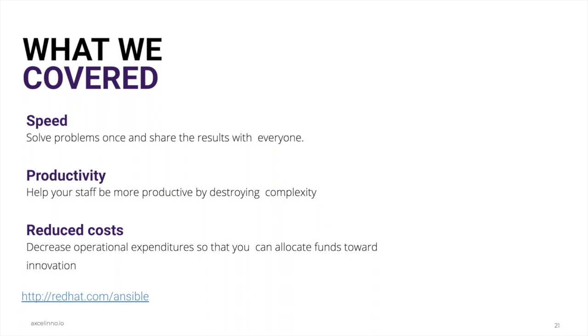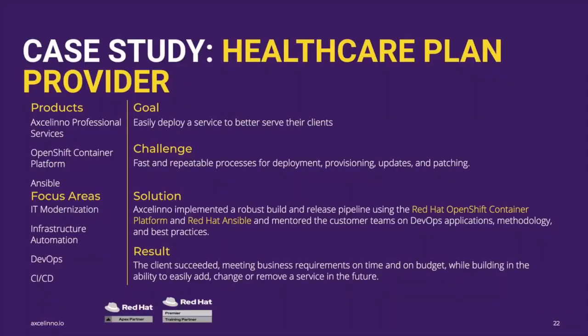You could actually potentially reduce the number it takes to operate everything, keep the same people, but now have everybody really focused on that innovation, right? So a lot of things that we've covered here that Ansible really provides besides just automation, right? It's more than that.